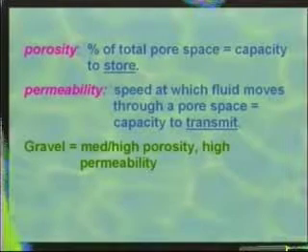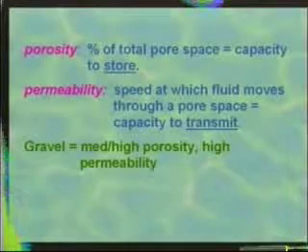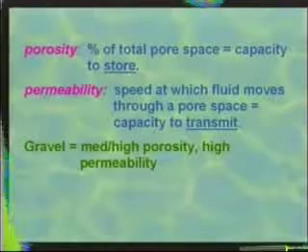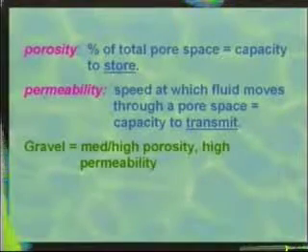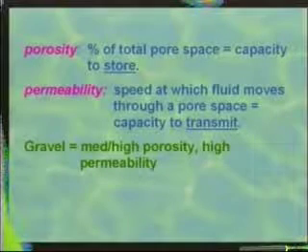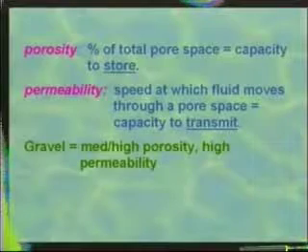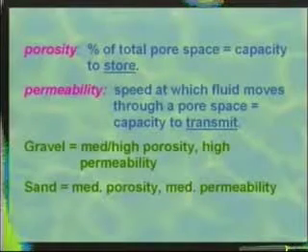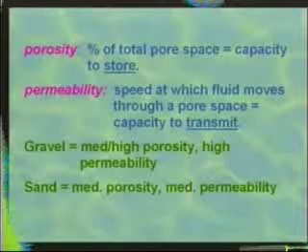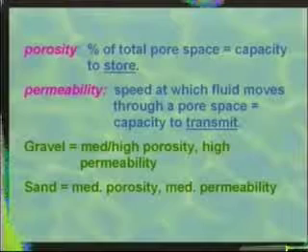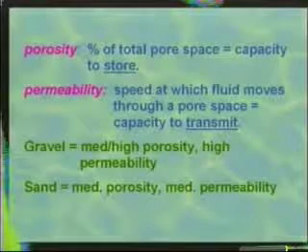So when we drill water wells out here, we would like to be able to drill down and find those gravel zones and then perforate and put our filter in at that spot and start drawing the water off from that point. So gravels are good. Sand, pretty good. Sands are medium porosity, medium permeability, but still good zones underground to get stuff out.